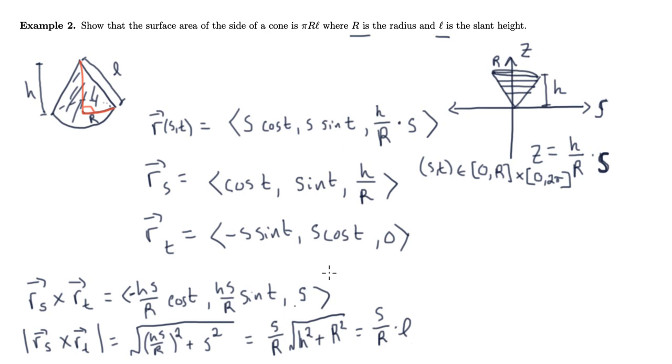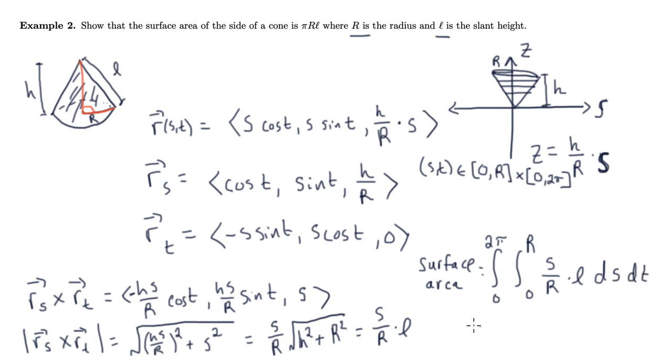All right, so now to do the surface integral, to find the surface area, that's just the double integral, so 0 to 2 pi for t, and then 0 to big R for s, of this function, s over r times l, and then we have ds dt.